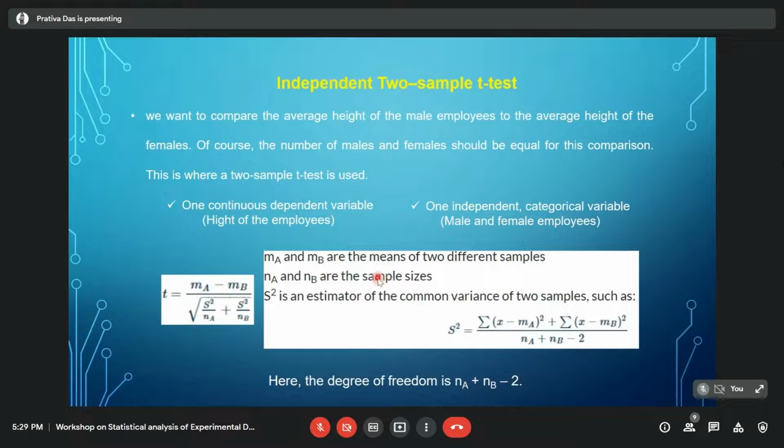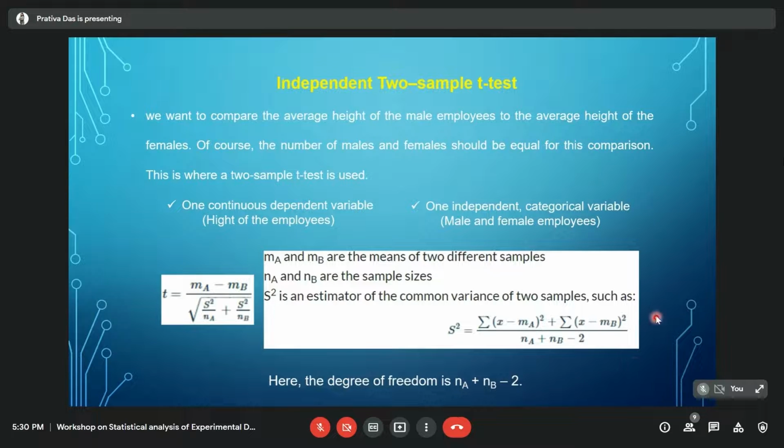Here the continuous dependent variable is the height of the employees, whereas the independent categorical variable is the type of employee, that is male or female. So here we can directly use this independent 2-sample t-test.